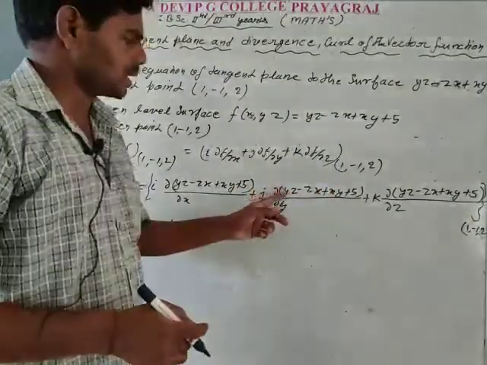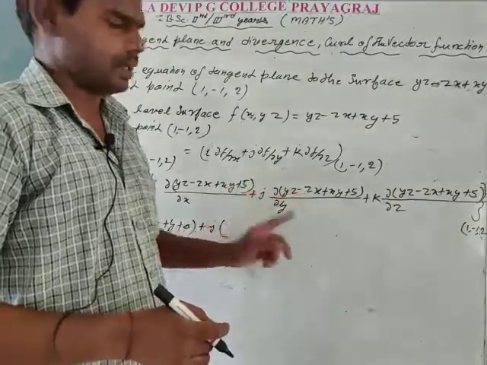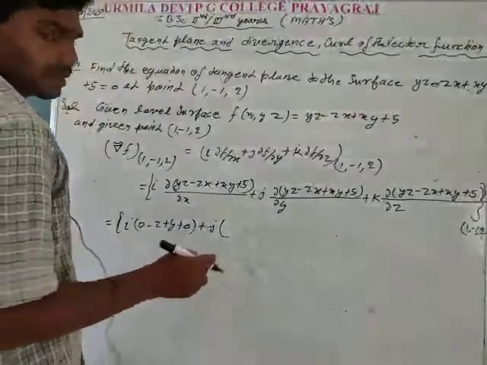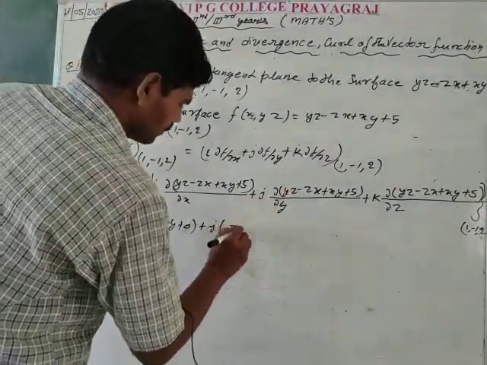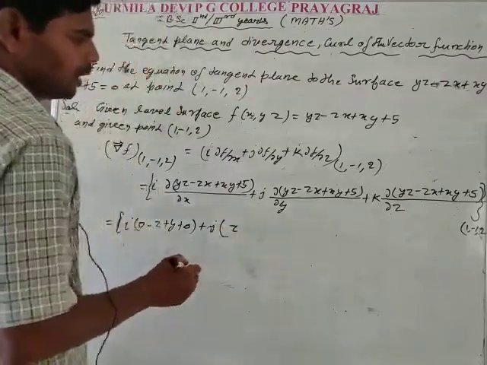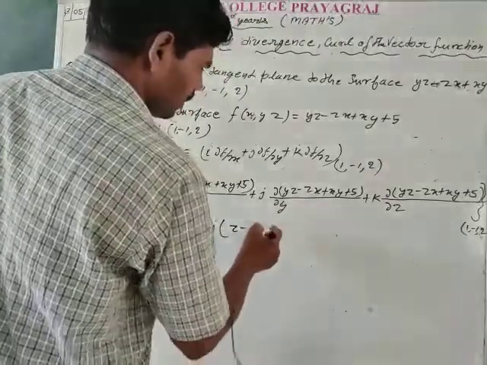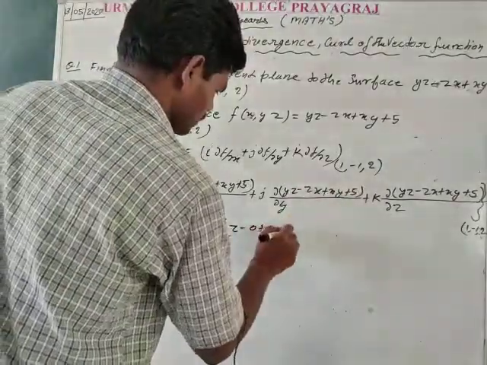Here x and z and 5 will be constant, whose differentiation is 0. So, in the first part only z remains, the second part is minus 0, and in the third part only x remains, and plus 5 is also 0.